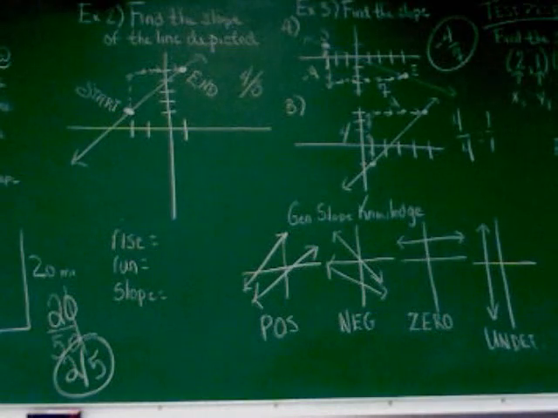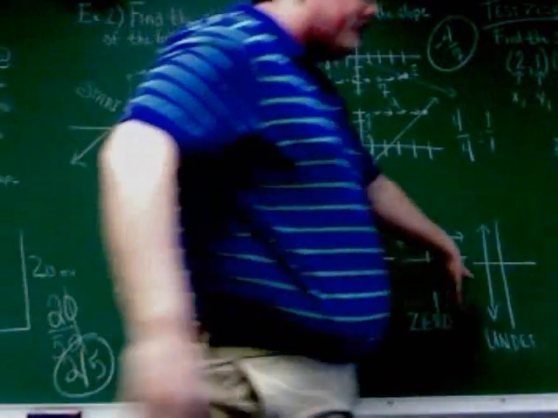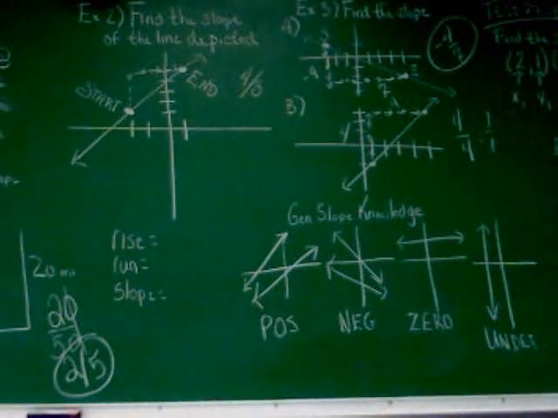Like the slope, 0 challenge. On the other hand, if I'm trying to walk up a vertical surface, I can't walk up the wall. I'm not going to make it. It's impossible. Just like finding the slope of a vertical line. There is no such thing as a slope of a vertical line. It's undefined. You have to know those for the quiz. Positive, negative, 0, and undefined.